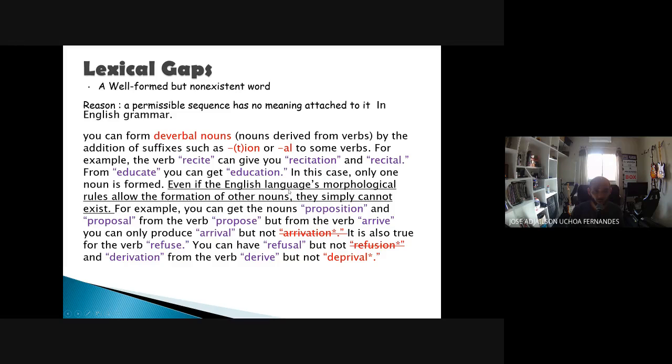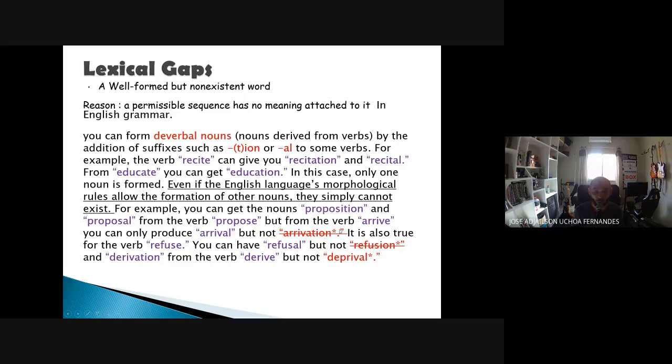Even if the English language's morphological rules allow the formation of other nouns, they simply cannot exist. For example, you can get the nouns proposition and proposal from the verb to propose. So we have both proposition and proposal. But from the verb to arrive, we can only have arrival. There is no arrivation. This is a lexical gap.